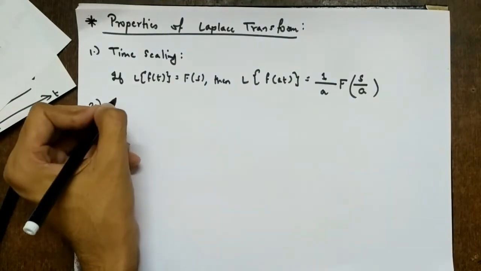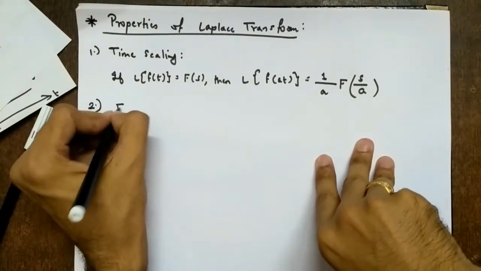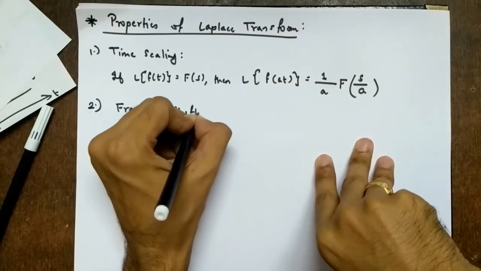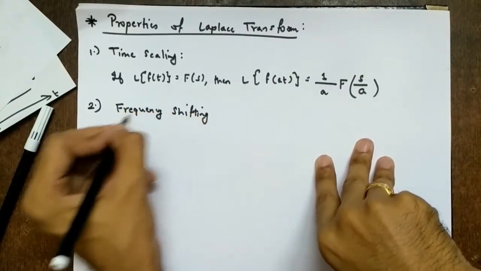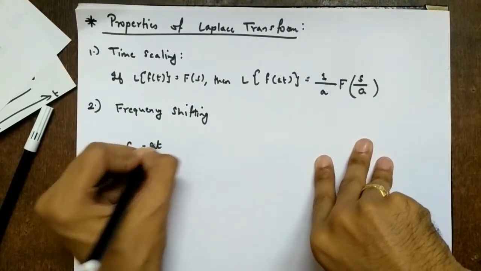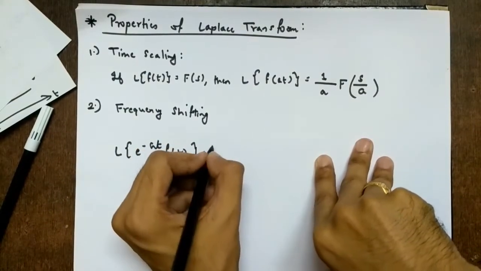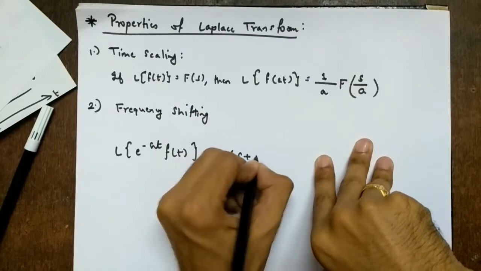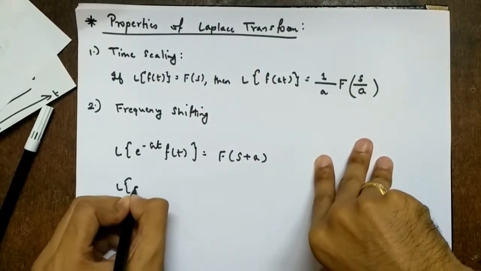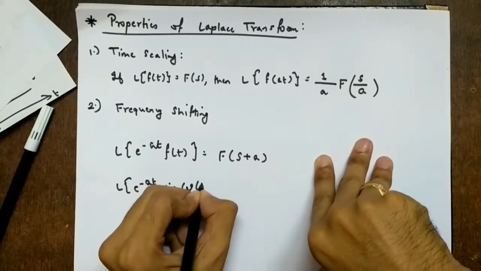Then we have frequency shifting. It is given as the Laplace transform of e raised to minus at into f of t equal to F of s plus a. Let's say my f of t is sine omega t. I'll give you an example: e raised to minus at sine omega t.